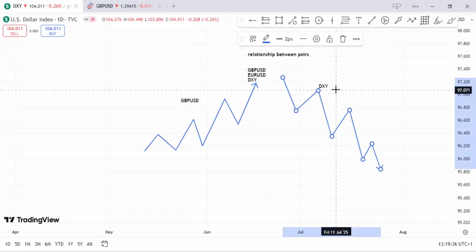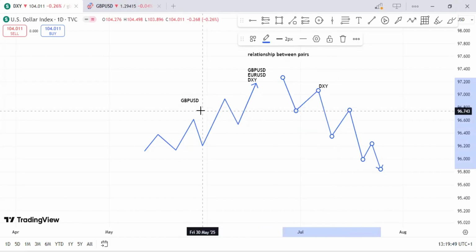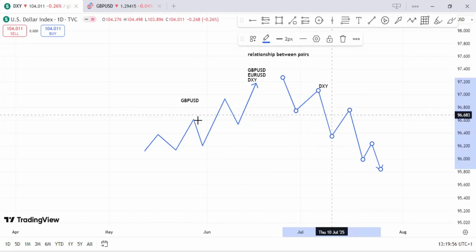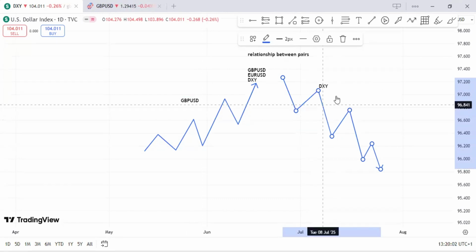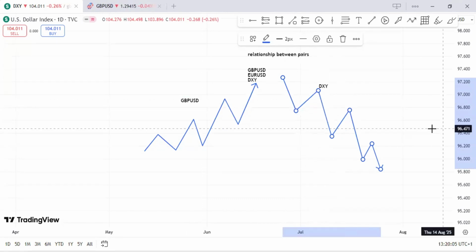If your DXY, or your dollar index, is not ready, it means that your setup is not ready. So the only time you are supposed to either buy or sell GBPUSD or EURUSD is when your dollar index is ready. I don't know if I'm making sense. So you only buy or sell EURUSD or GBPUSD when your dollar index is ready. That's simply what it means.